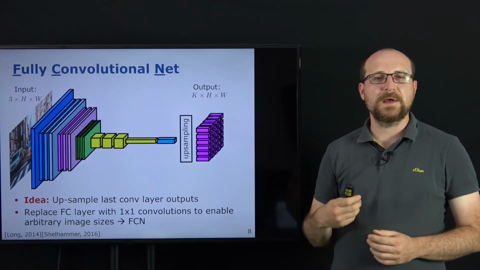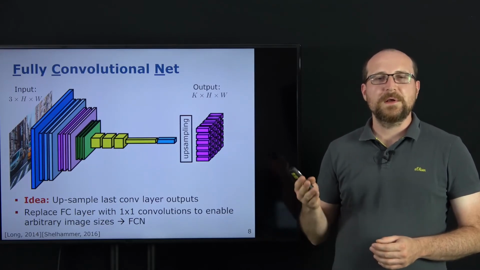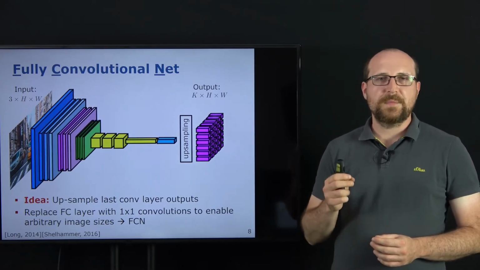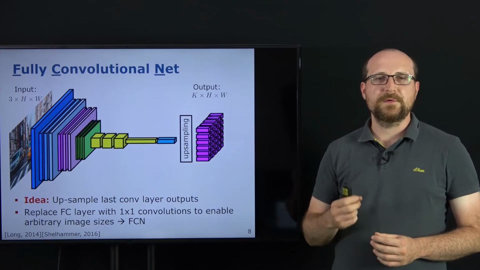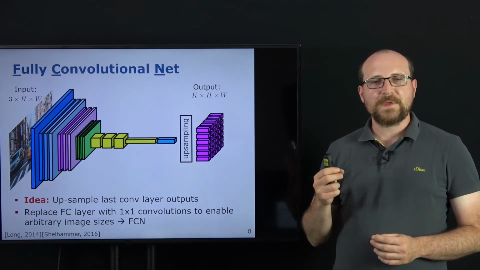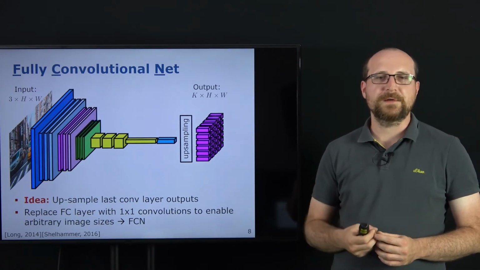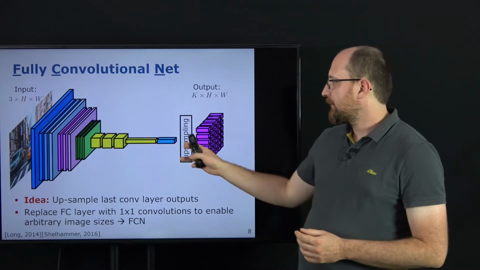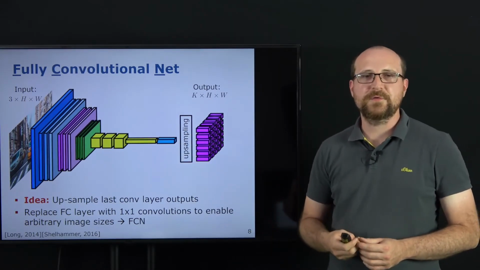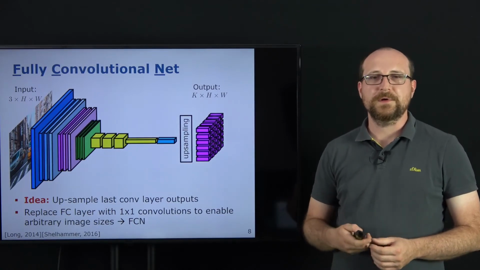Then we do an upsampling such that we reach the original image size in the end. The specific part done in the fully convolutional neural network was to use a one-by-one convolution instead of the fully connected layer in the end. So this last part is replaced by a convolution, and therefore it's called a fully convolutional network.